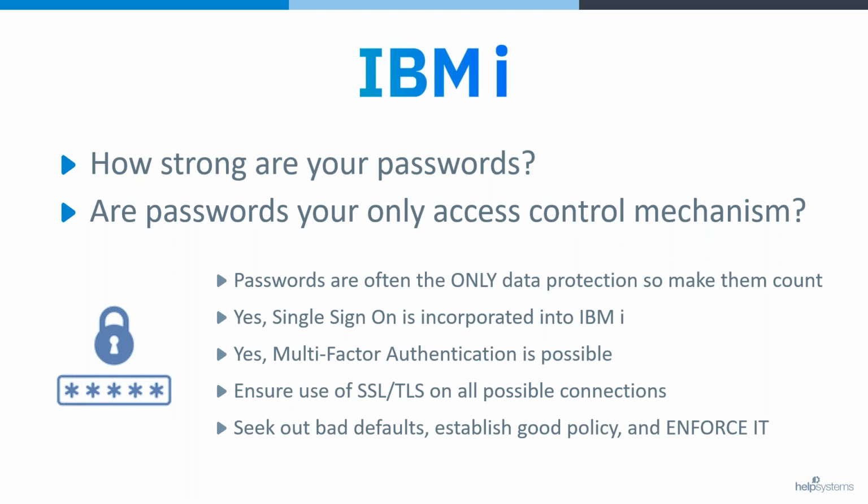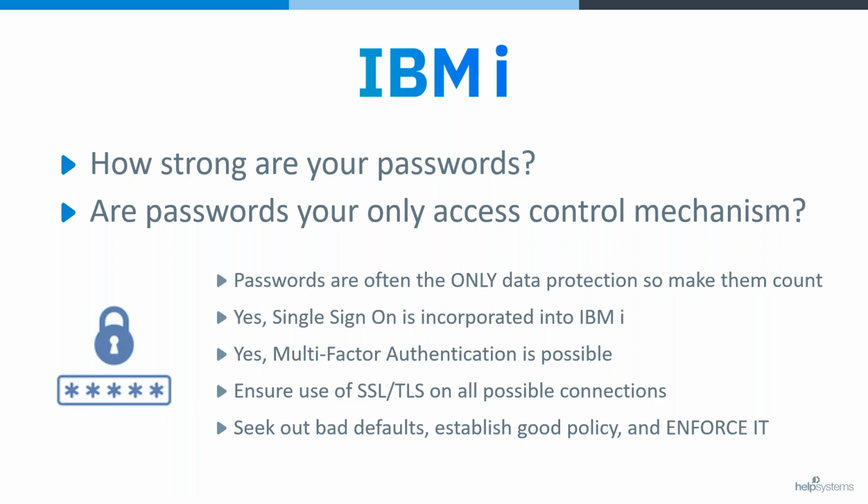And anybody sniffing packets off of the wire is going to have access to that information. You can verify in Access Client Solutions whether your emulation session is secure using the little padlock icon that I think many of us have become familiar with over the years that we see in the browser when we're shopping online. Make sure you have that browser and also the IBM i session in a padlocked environment so that you know that all the communication between the client and the server is going through an encrypted tunnel.